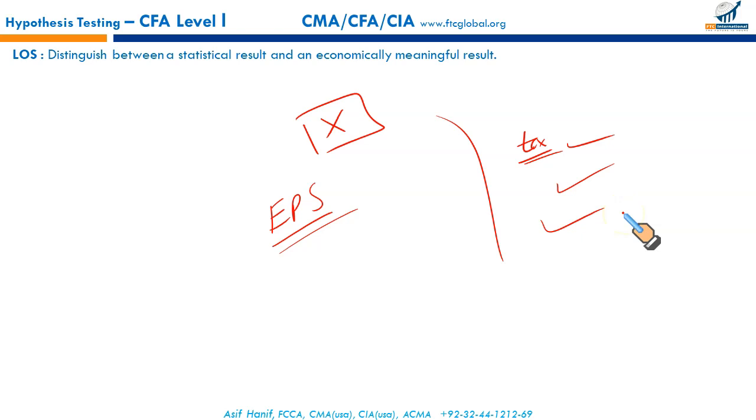So that's why we just cannot ignore the economic consequences. Just focusing on statistical return would not be sufficient. Making a decision based on just statistical analysis is not enough. It's not a guarantee of return.